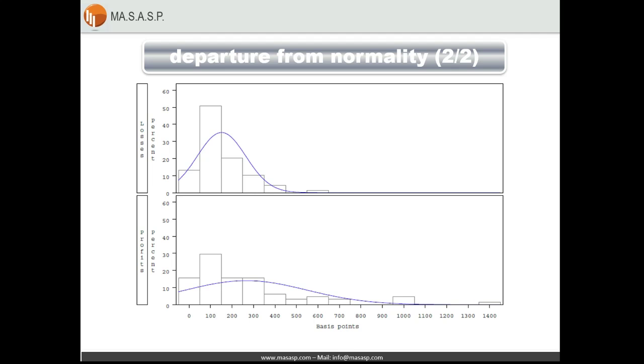This further output of the SL component makes it easier to spot whether the skewness is to the right towards positive returns or to the left towards negative returns.